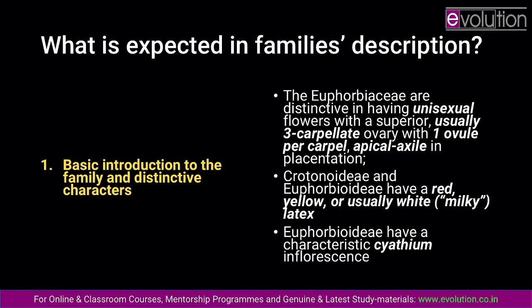For example, I have given here three points for Euphorbiaceae. The Euphorbiaceae are distinctive in having unisexual flowers with a superior and mostly 3-carpellate ovary, with 1 ovule per carpel and apical axile placentation. This is a distinctive character of the family Euphorbiaceae.